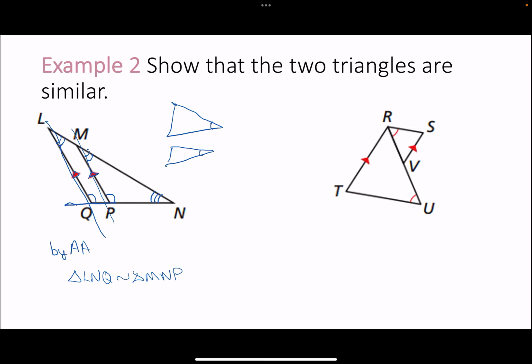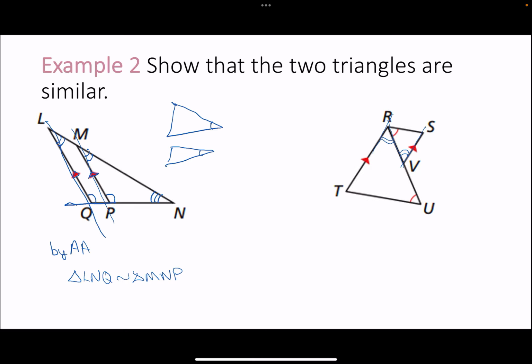Again, the order matters when we're stating our similarity statements. Last example for this particular theorem, I've got some parallel lines. I was given that angle R is congruent to angle U, but with these parallel lines cut by a transversal, if I trace the parallel lines, I trace the transversal that connects them, then I will have some alternate interior angles that are congruent to each other.